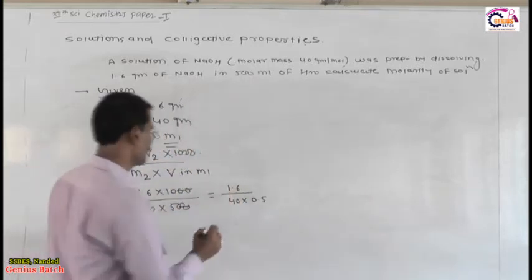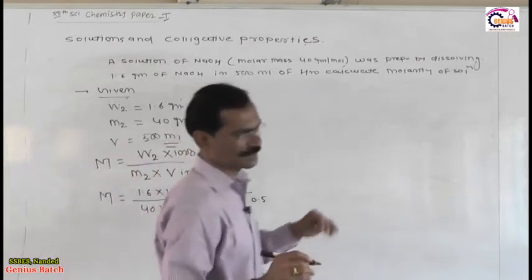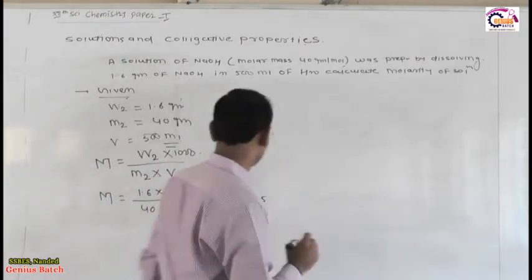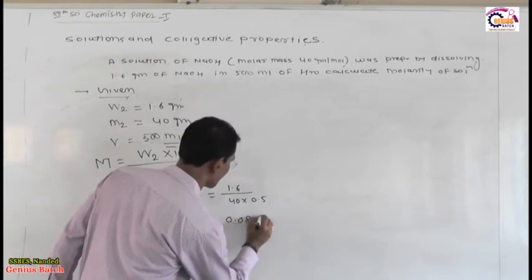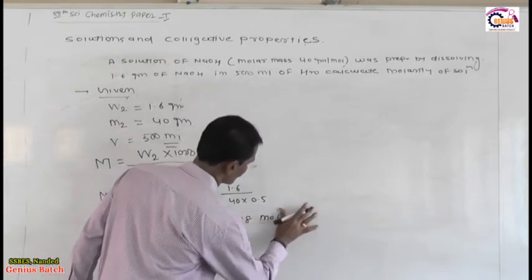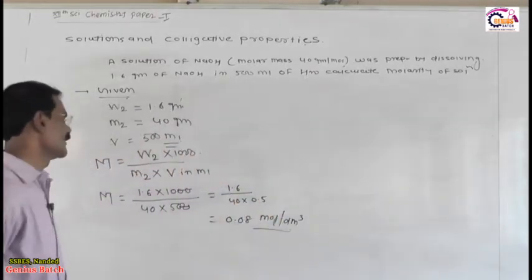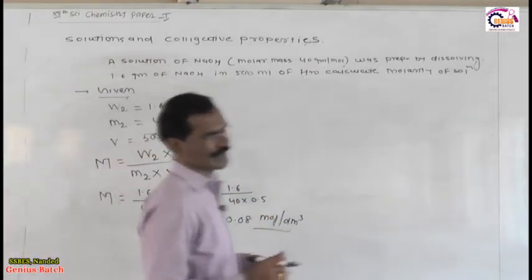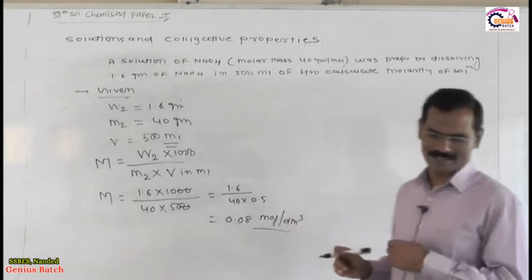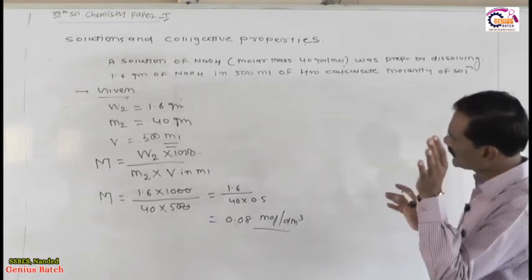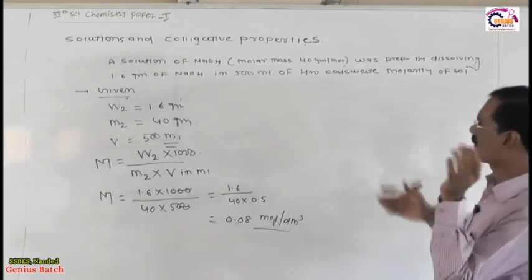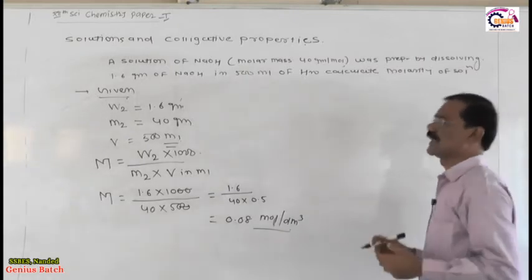And finally the answer is 0.08 mole per dm cube. So this is the very simple calculation by considering the molarity. Any objection? Is it okay? If the unit is the same, then it doesn't have any problem.